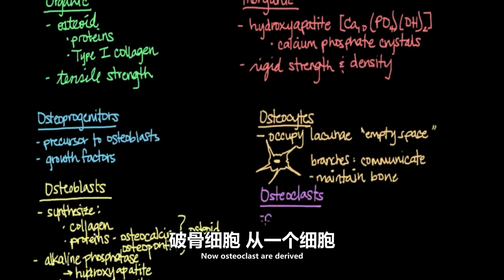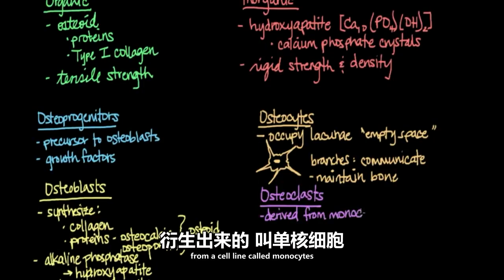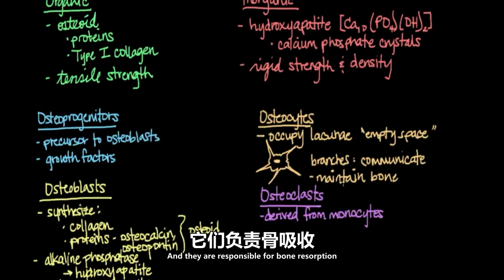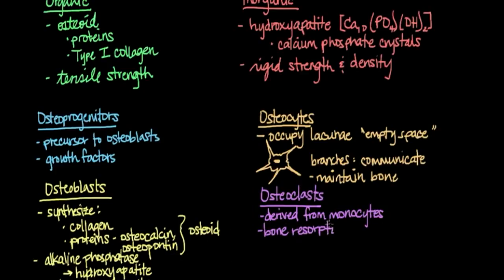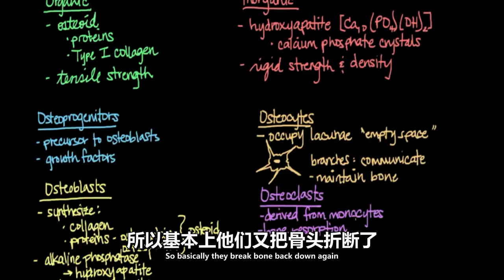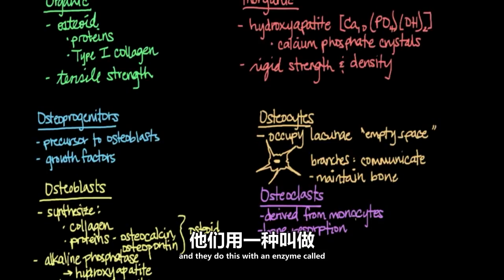Now, osteoclasts are derived from a cell line called monocytes, and they are responsible for bone resorption. So basically, they break bone back down again, and they do this with an enzyme called tartrate-resistant acid phosphatase.